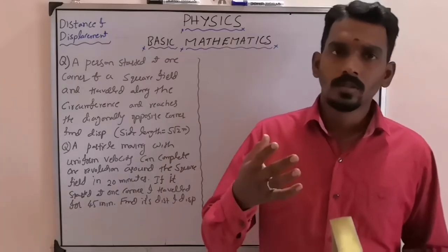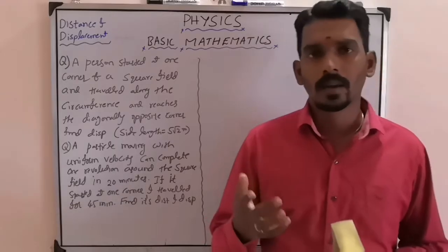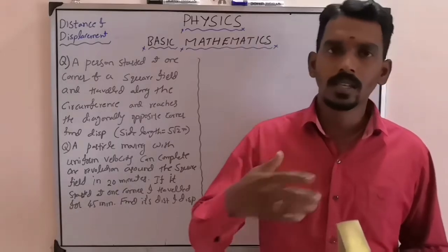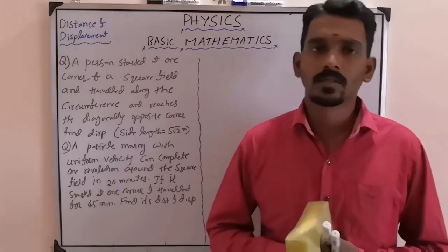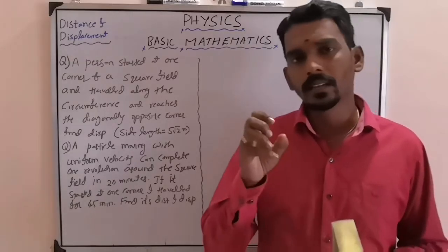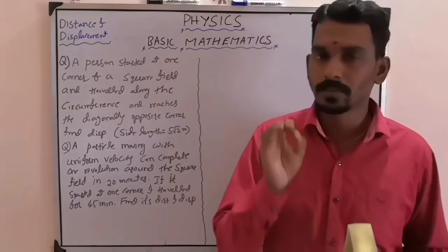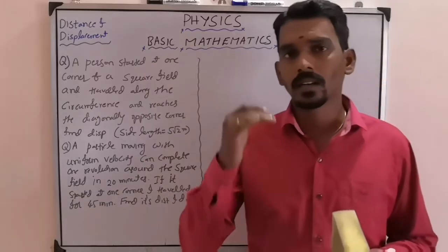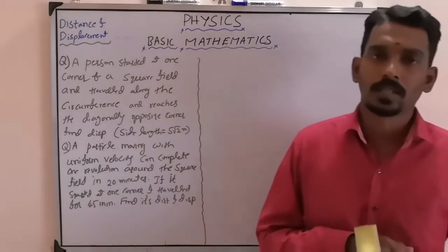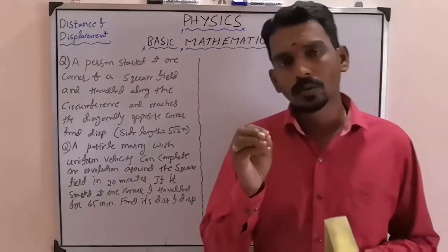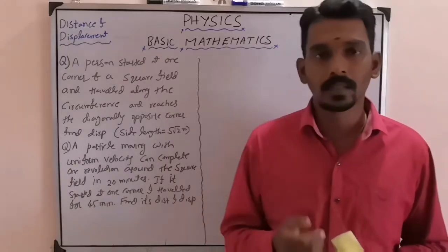So how the area or perimeter or diagonal or diameter will be utilized in solving physics numericals. So we have taken the basic physics concept also. The physics concept is also very basic, that you have already studied, which is nothing but distance and displacement. We have solved 2-3 questions in the last class, and I have given an assignment also.